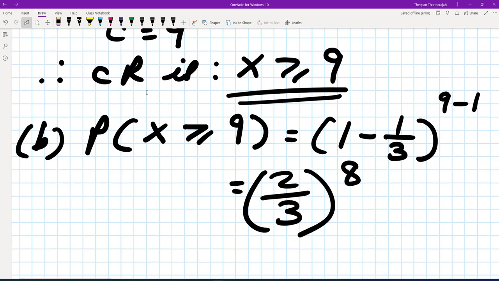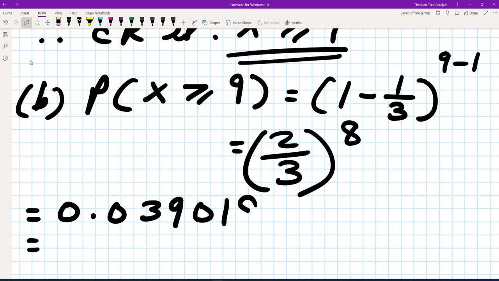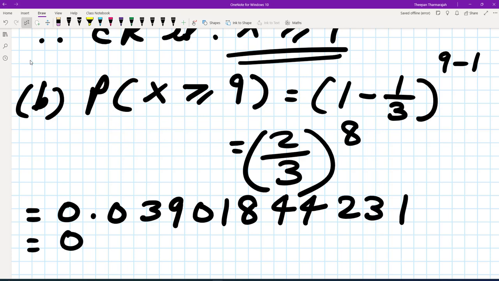So that's going to give me 0.0390184421231. So that works out to be 0.0390, correct to 4 decimal places.